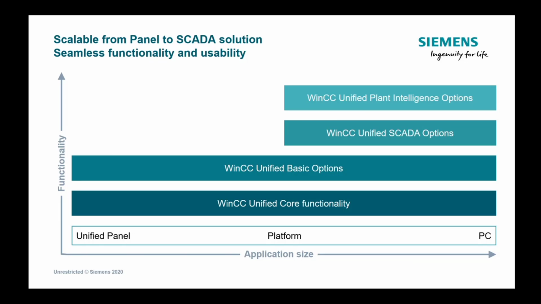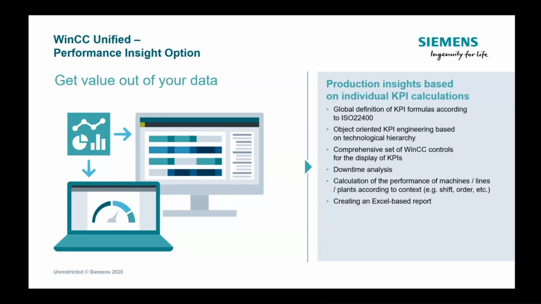Let's go and have a look now at our two focus options for this session. The first one we're going to have a look at is Performance Insight. Performance Insight is an add-on option that we have for WinCC Unified, tailored towards the generation of KPIs and dashboarding. We have a number of defined KPI formulas to the ISO 22400 standard.